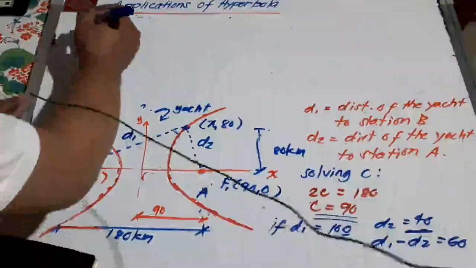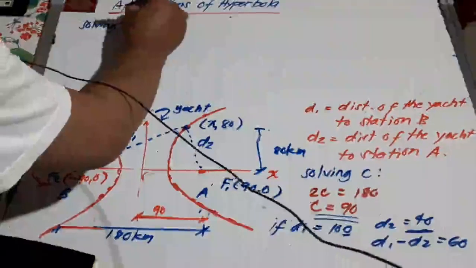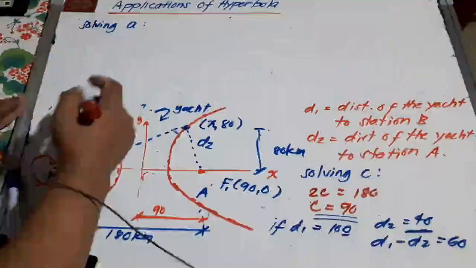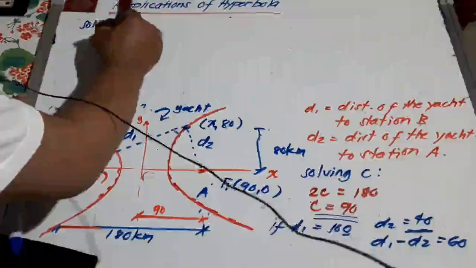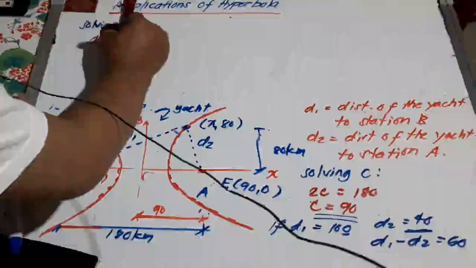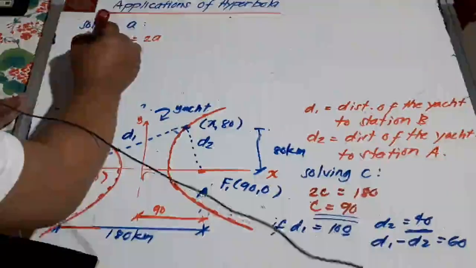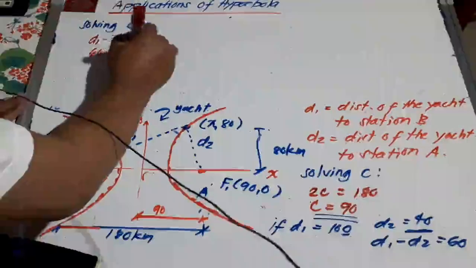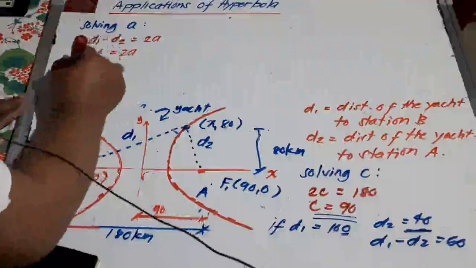Solving a. Sabi natin, D1 minus D2 equals 2a. D1 minus D2 is 60. Therefore, a equals 30. Okay.